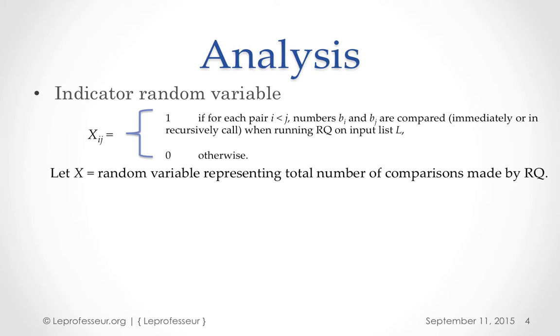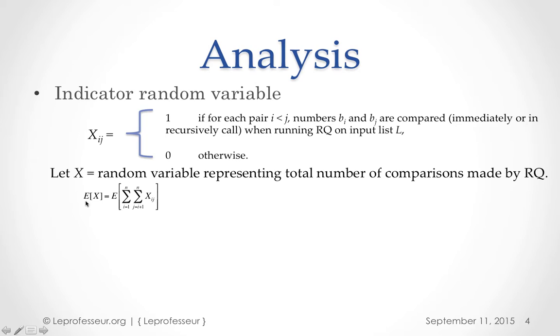So for randomized algorithms, we talk in terms of expectation, or the expected number of total comparisons made by your algorithm. Let's see how we can calculate that.